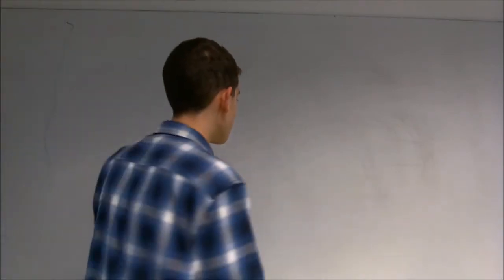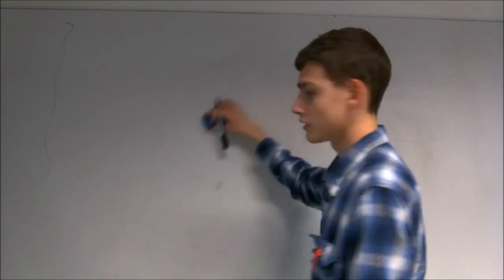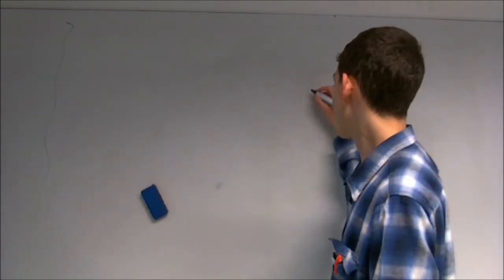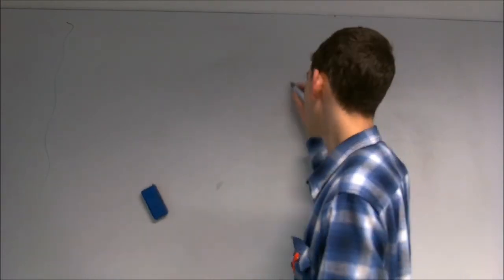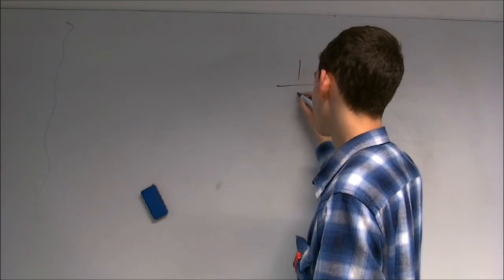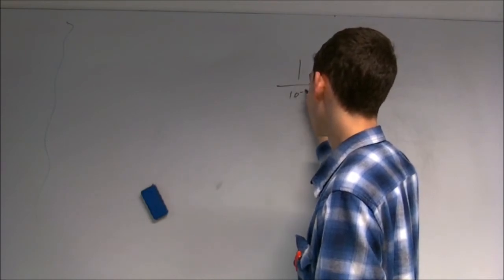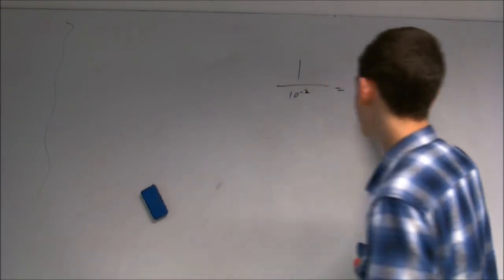Okay, so let's say that 1 kilogram was in an area of, let's say, 1 centimeter cubed. And so then your density is your mass over volume, which is 10 to the minus 2 centimeters cubed.